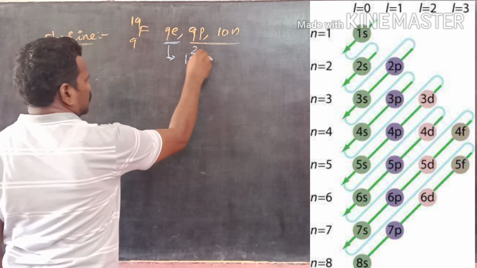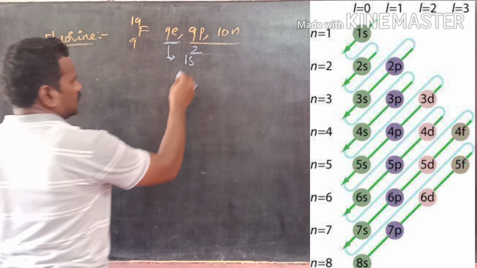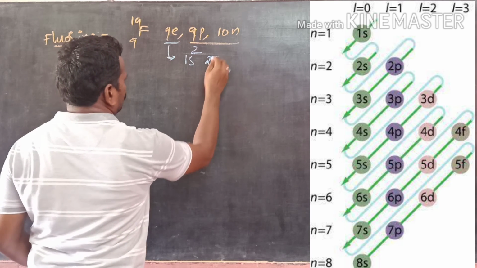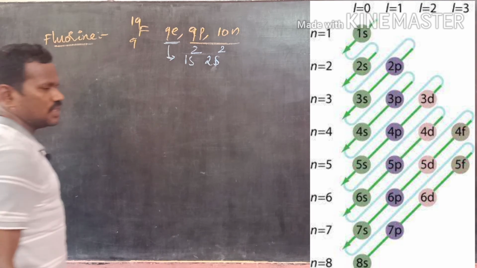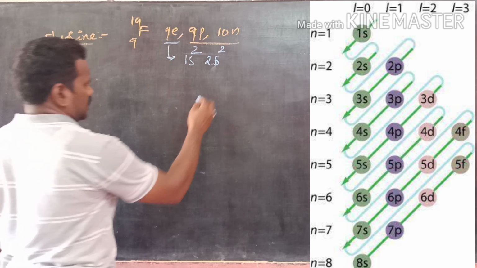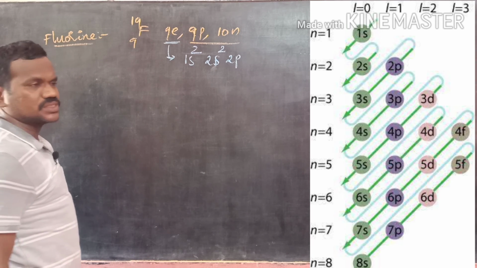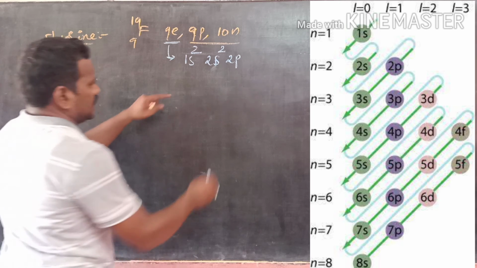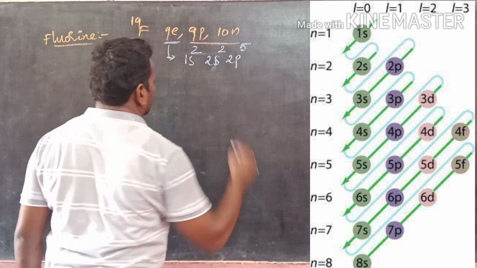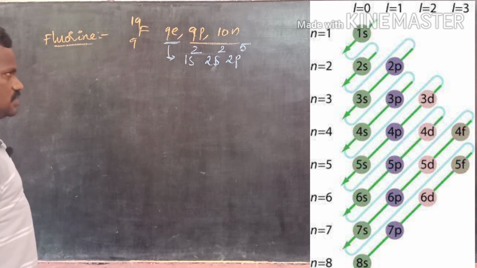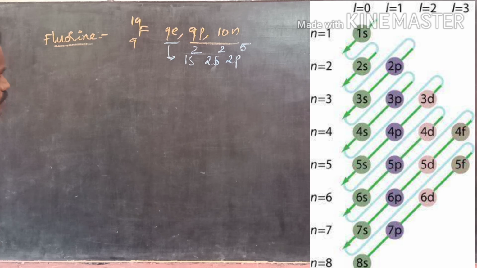In 1s only 2 electrons are accommodated. Next orbital is 2s, in 2s also 2 electrons are accommodated. The next orbital is 2p. P orbital can accommodate a maximum of 6 electrons, but only 5 electrons are left. So the configuration becomes 1s2, 2s2, 2p5.